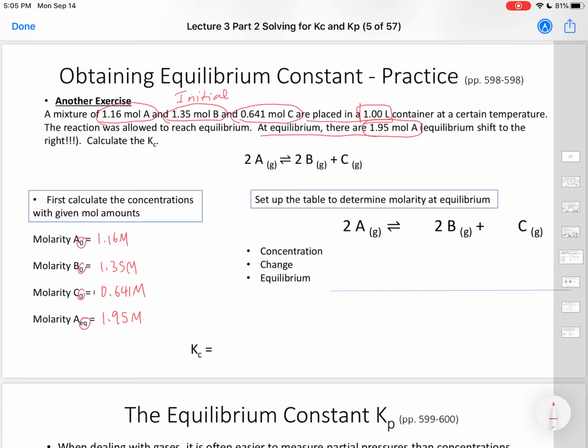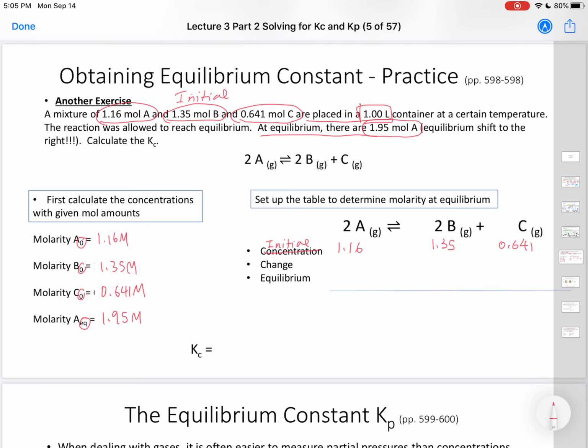Okay, I've indicated whether it's initial or equilibrium with a 0 for initial, just like in the previous chapter, and EQ for equilibrium. Okay, so initially, the concentration of A is 1.16. Concentration of B is not 0, it is 1.35, and the concentration of C is 0.641. Okay.